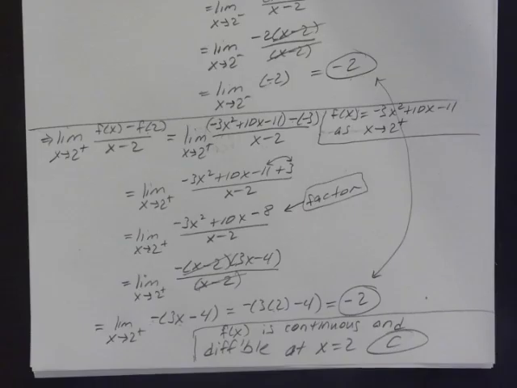So again, for continuity and differentiability, you're just approaching from the left and the right. So there's a little bit of a connection there. Okay, anyone still writing? All right.